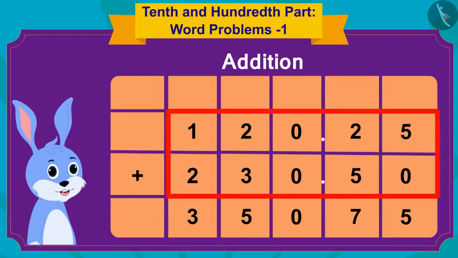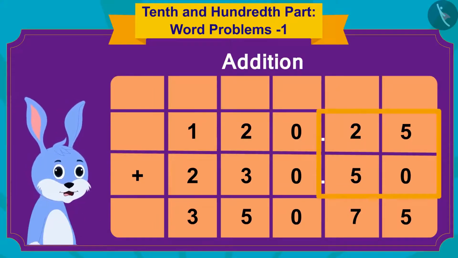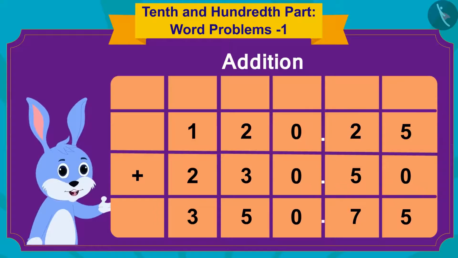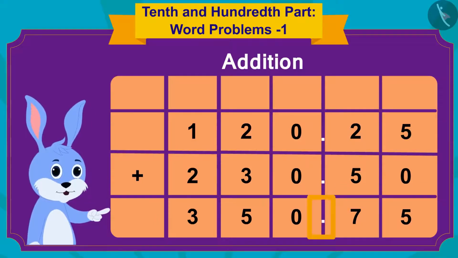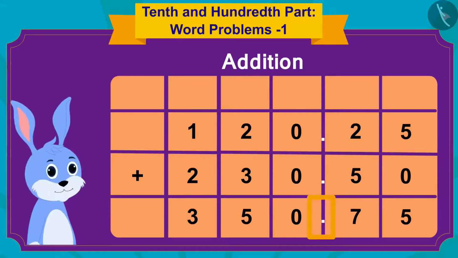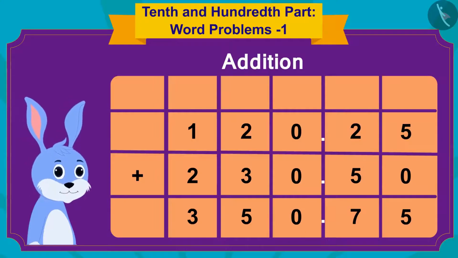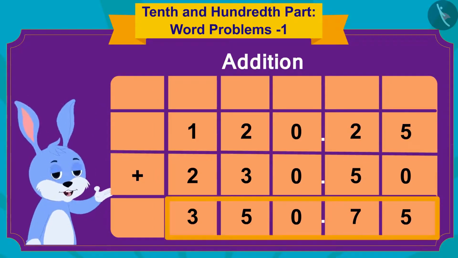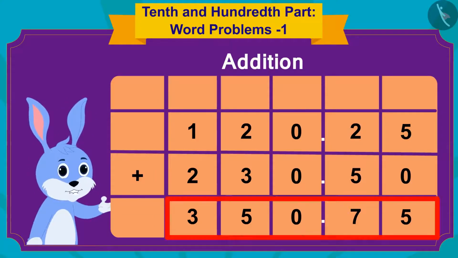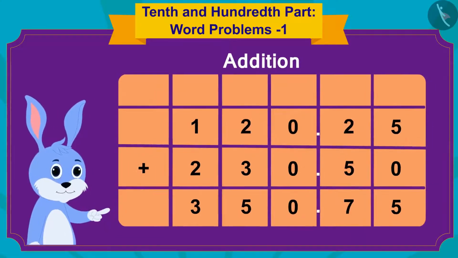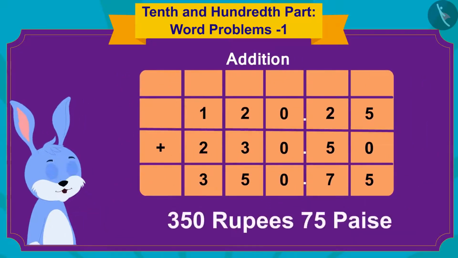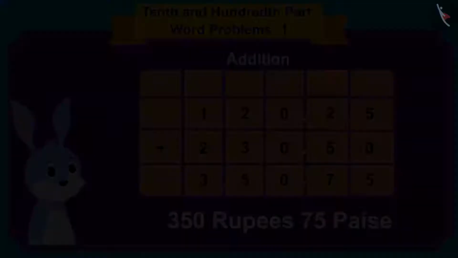Now, because both these numbers have 2 digits after the decimal point, I will write a decimal point in this way in the answer. Oh wow! I now have a total of 350.75 or 350 rupees 75 paise.